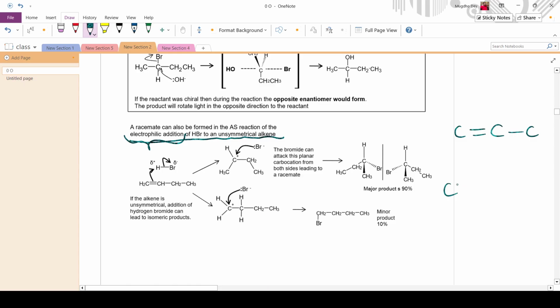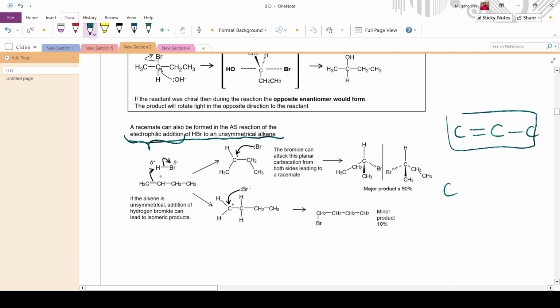Isn't this unsymmetrical? Yes, and this is also unsymmetrical. So if the alkene is unsymmetrical, addition of hydrogen bromide can lead to isomeric products. Say for instance HBr. It's the typical electrophilic addition first step.